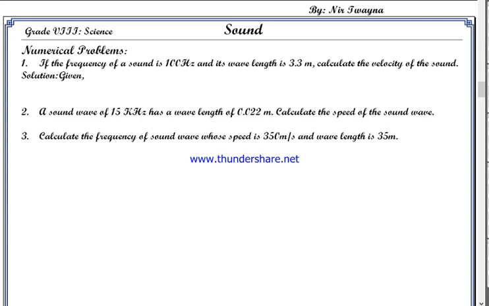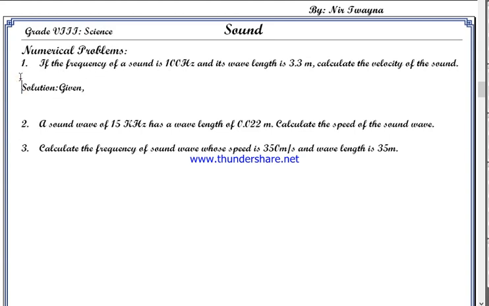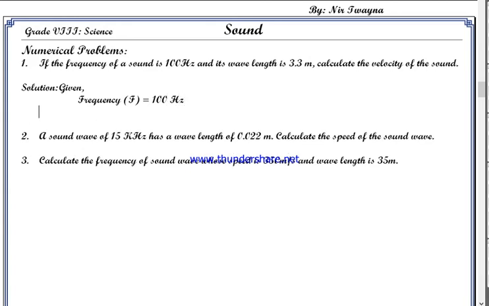If the frequency of sound is 100 hertz, that is, frequency is given: frequency F equals 100 hertz. And its wavelength is 3.3 meter.